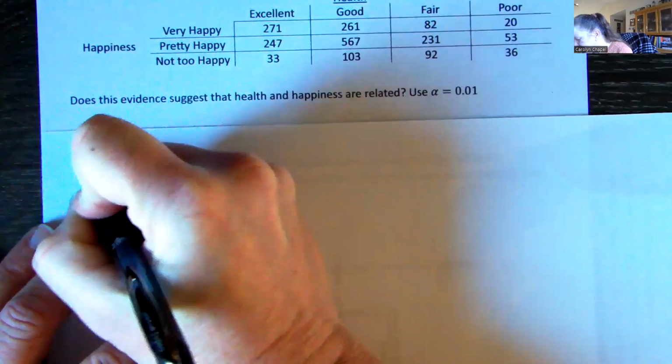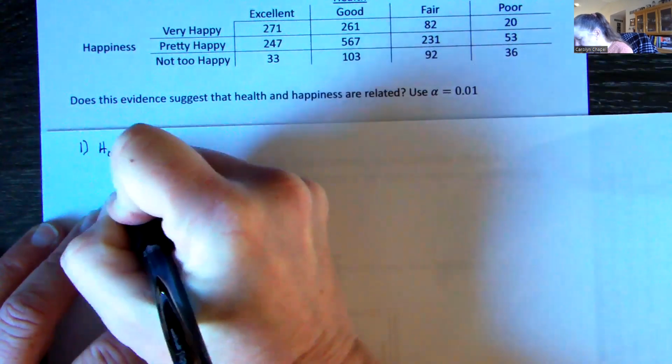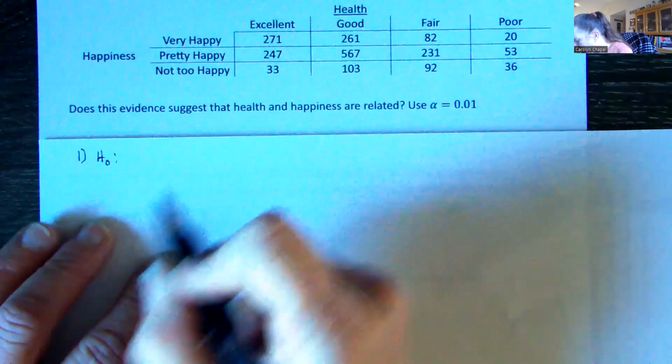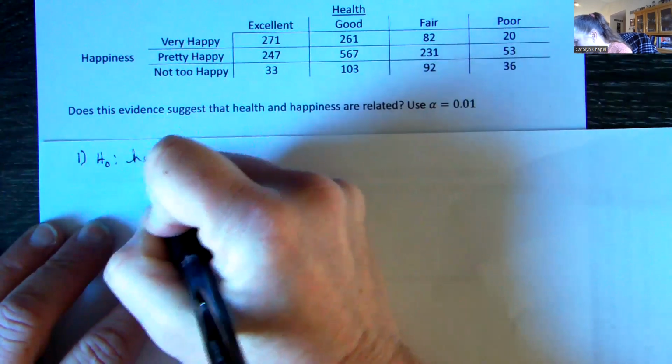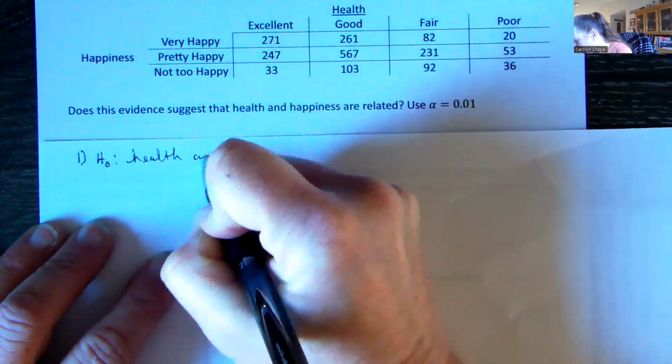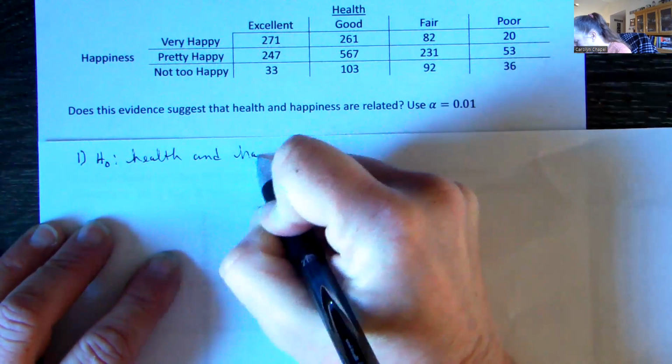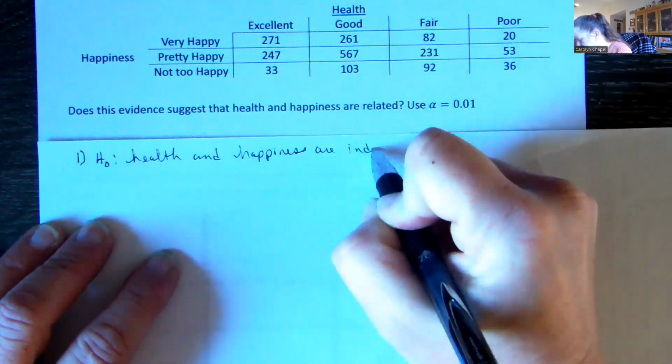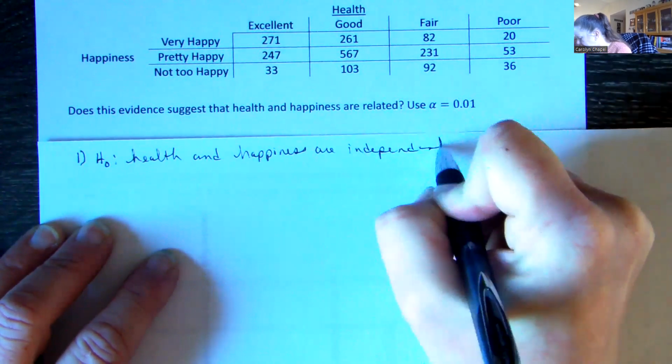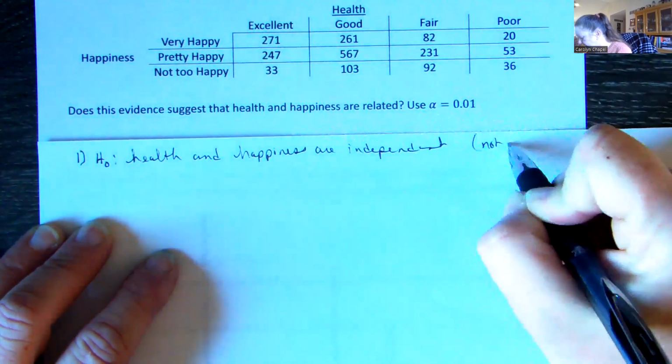So step 1 is to write those hypotheses. And we always start with: health and happiness are independent, meaning not related to each other.